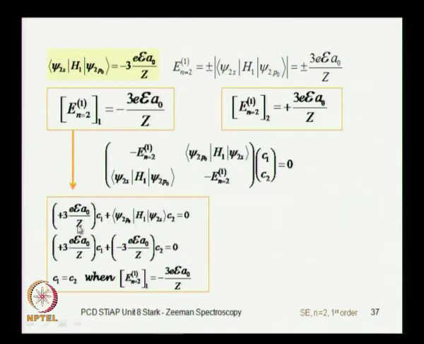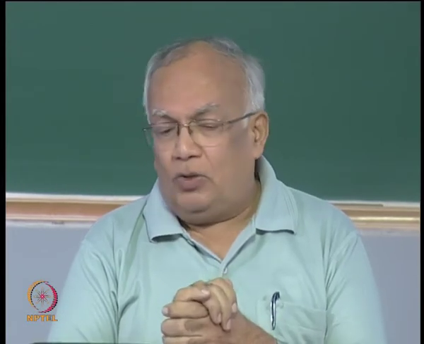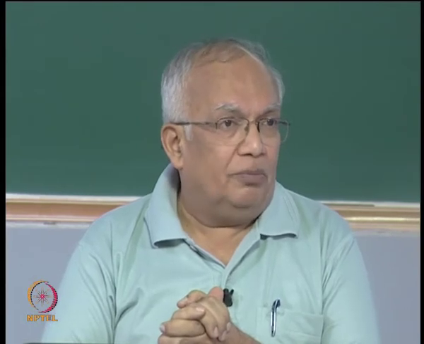Since this matrix element also has a minus sign, this equation can be satisfied only if C1 and C2 are equal. So C1 must be equal to C2. This is a linear superposition of the 2s and the 2p0 states with equal weights and the same sign. Obviously when you normalize them they will each be equal to 1 over root 2.